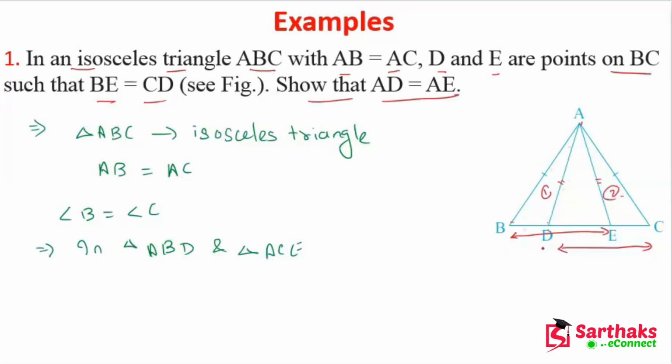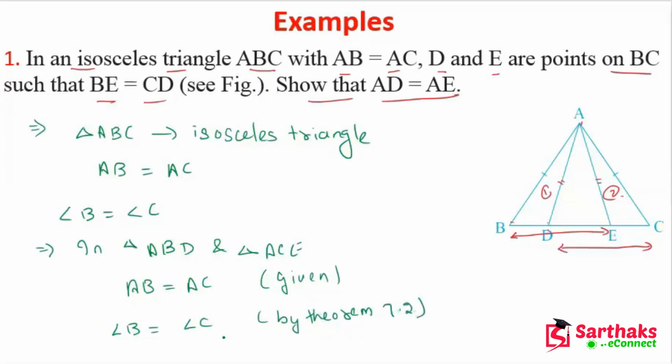We are taking these two triangles, and we know that AB is equal to AC. This is the given condition. Okay, and angle B is equal to angle C. This is by theorem 7.2. Recently we learned about this theorem.